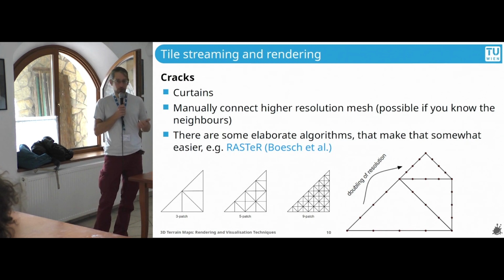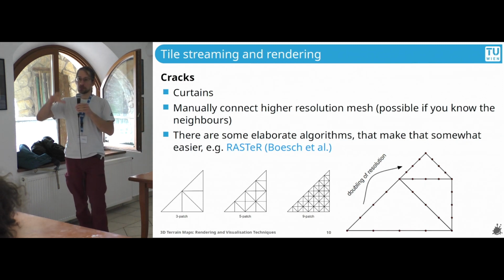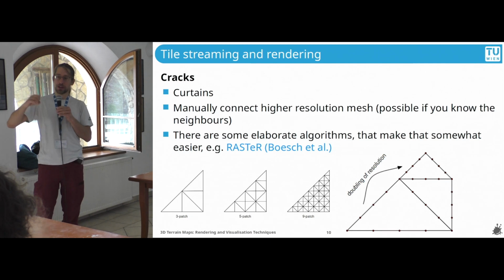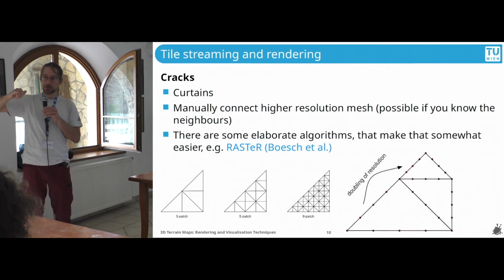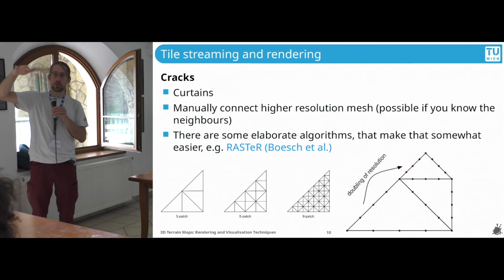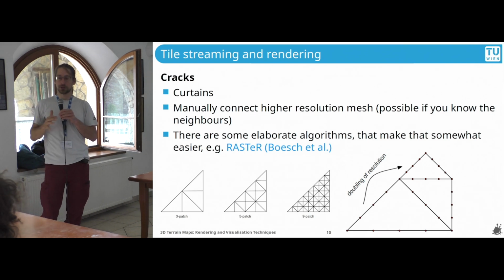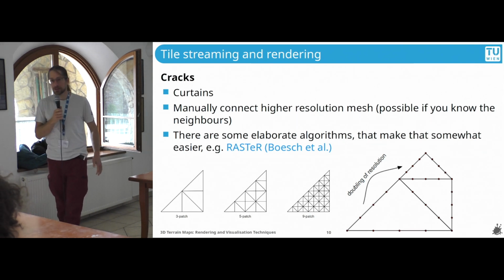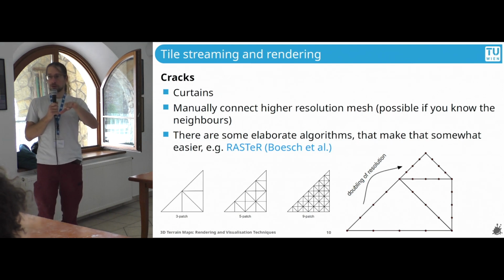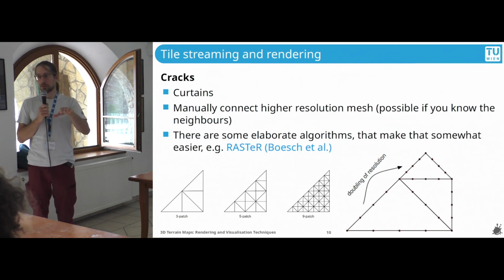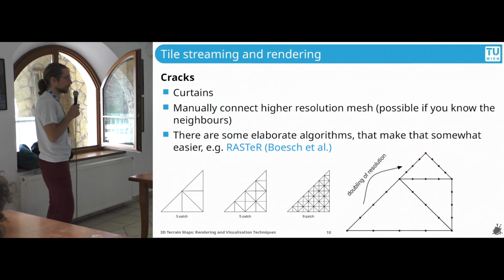And you can also manually shift around in the higher resolution tile. You can shift around the vertices so that it matches up with the lower resolution tile. However, that means that we would have to change each tile before drawing, depending on the neighbor. So that's a bit finicky.